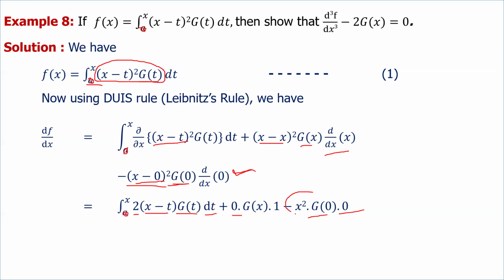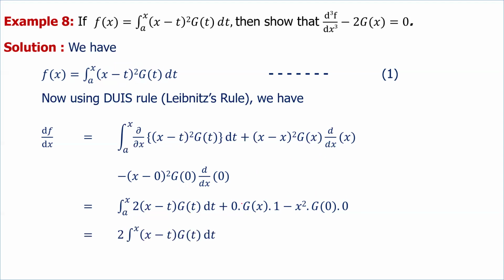So the lower limit part is 0, and the upper limit part is also 0. Therefore, the 2 can be taken outside, and we have the integral from 0 to x of (x minus t) g(t) dt.